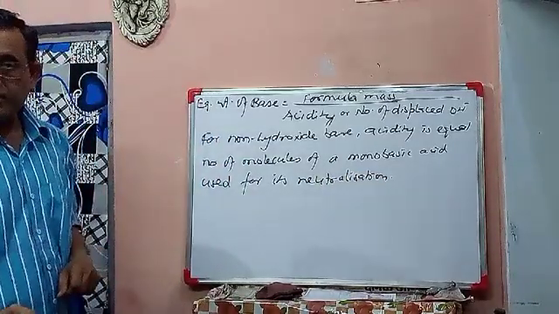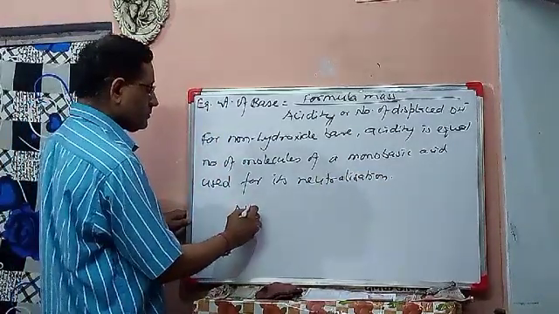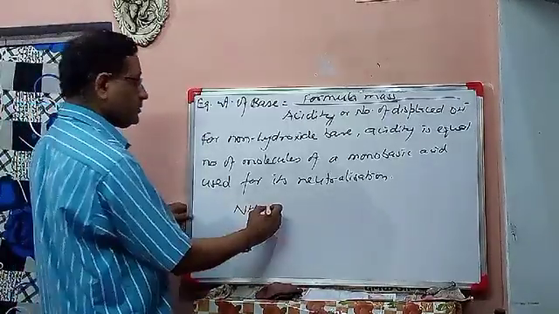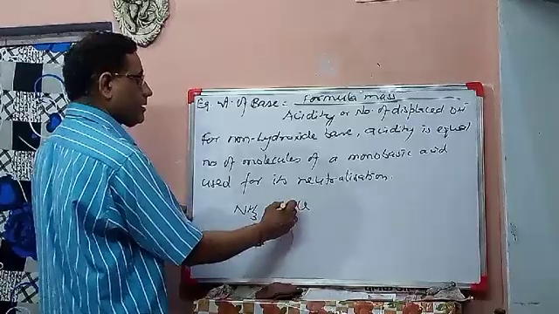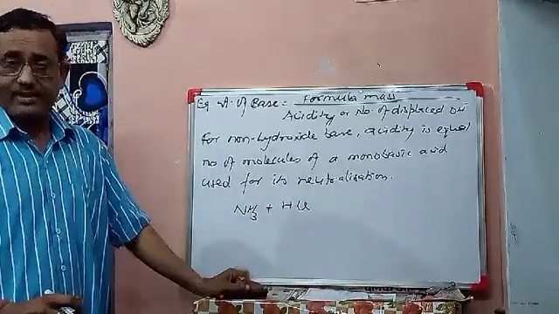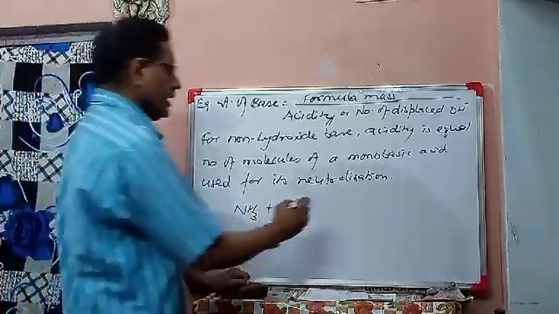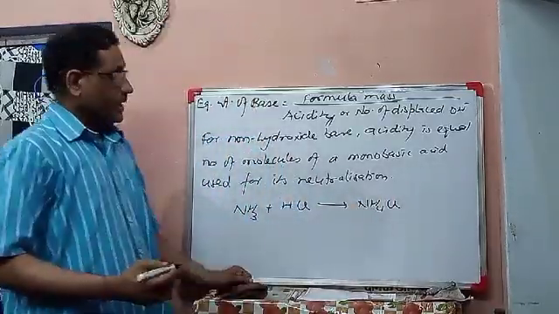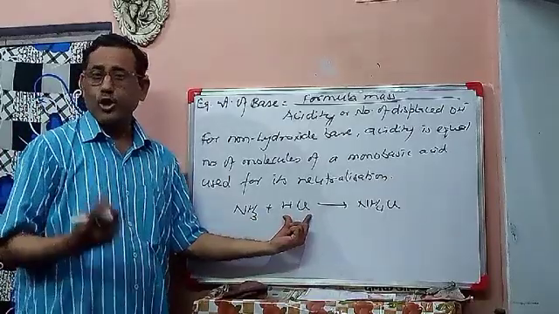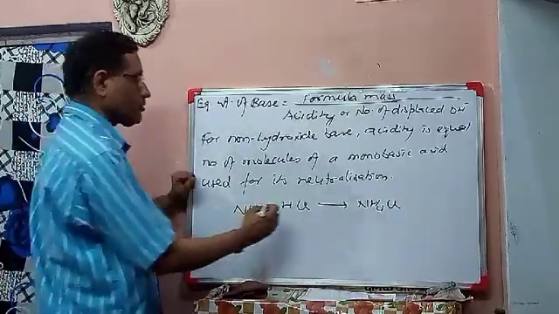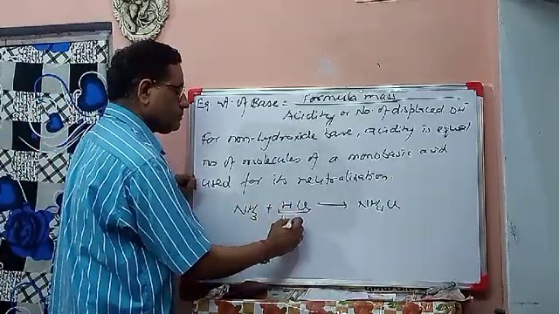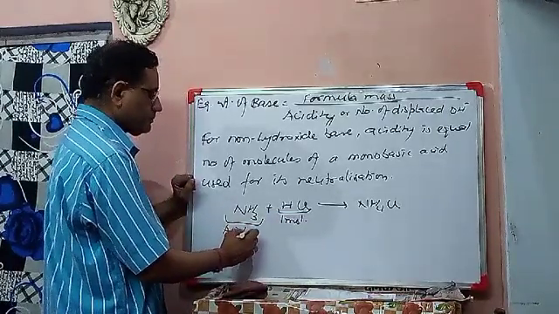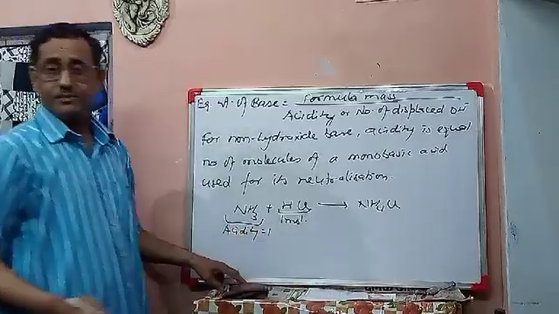Like ammonia has no hydroxyl ions. You react it with monobasic acid HCl and write a balanced equation, NH4Cl. Only one molecule of HCl is used. So its acidity is 1.